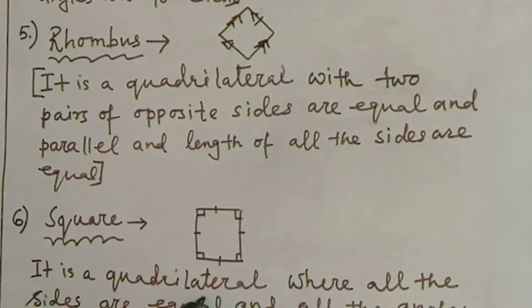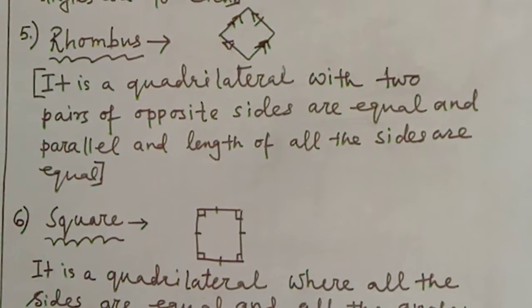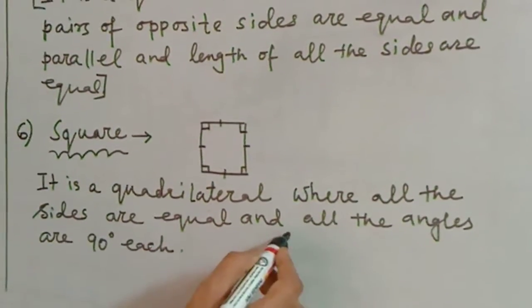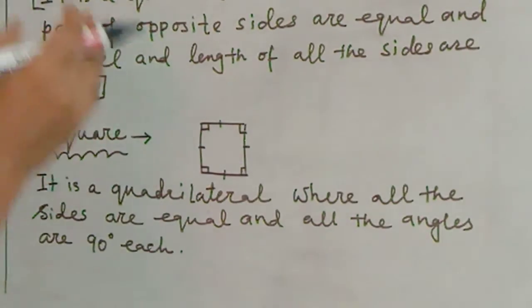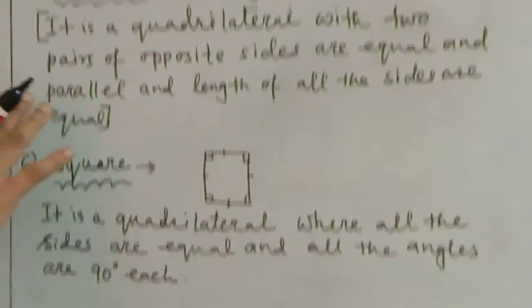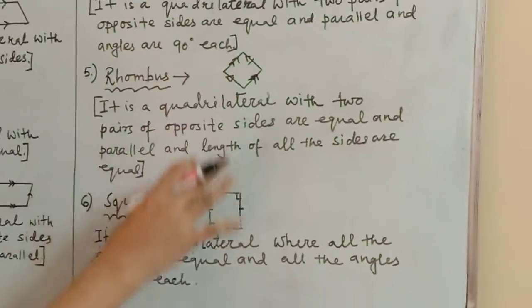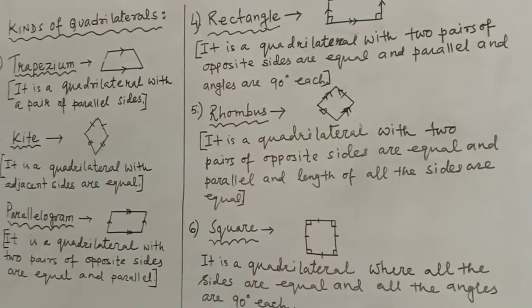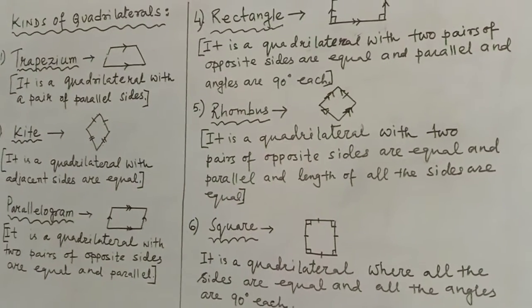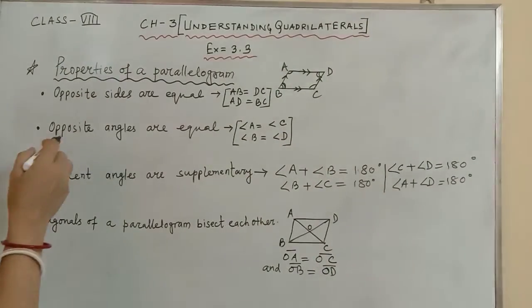So it is a quadrilateral where all the sides are equal and all the angles are 90 degrees each. If you understand the concept clearly and the diagrams also, then it will help you to solve the sums in the next exercise.